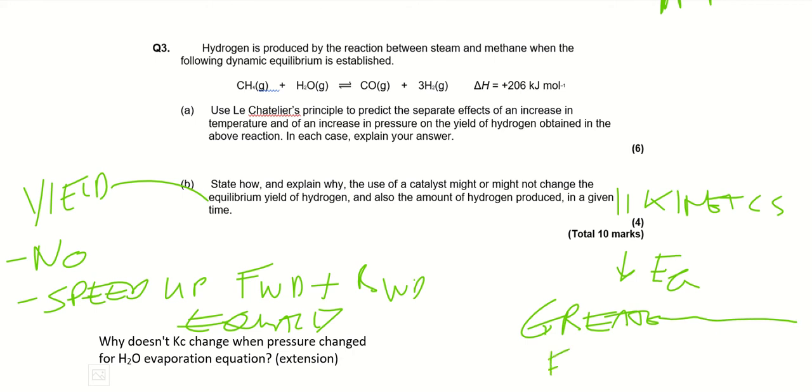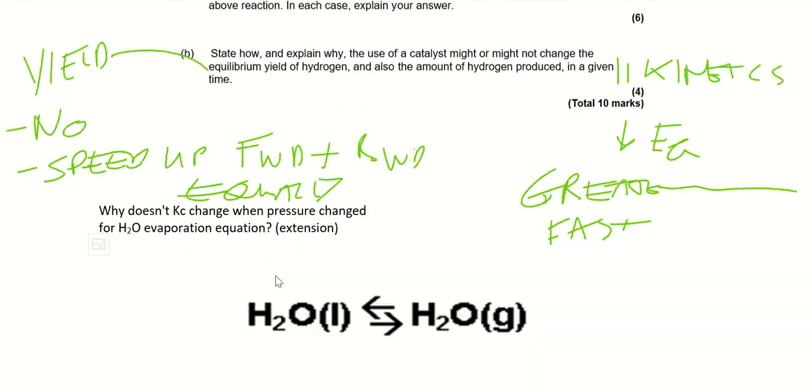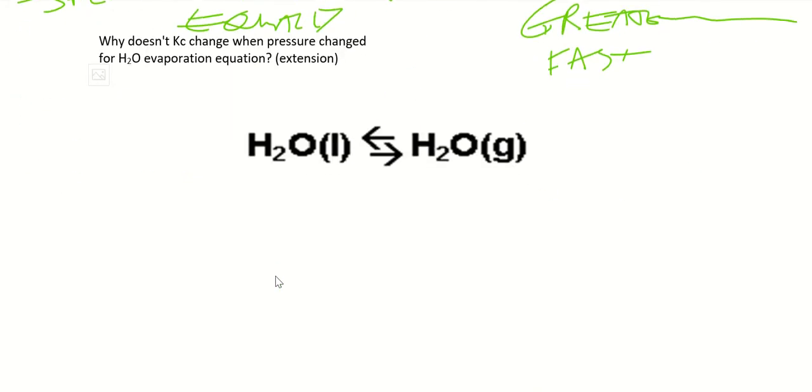Because you said greater proportion of collisions, you should say have energy greater than the activation energy and therefore are successful per second. Very important thing to say, therefore faster reaction. So you produce more hydrogen in a given time. Okay, so look at the mark scheme, but that's going to cover definitely most of it, if not all of it.